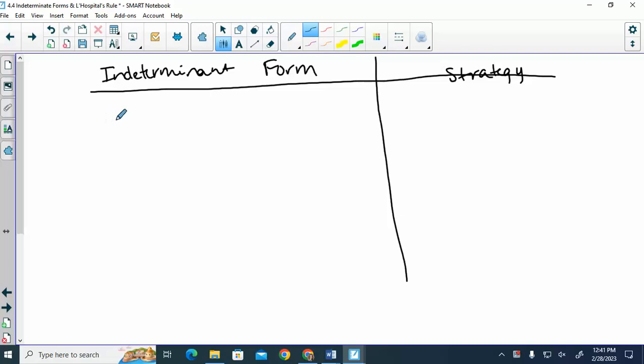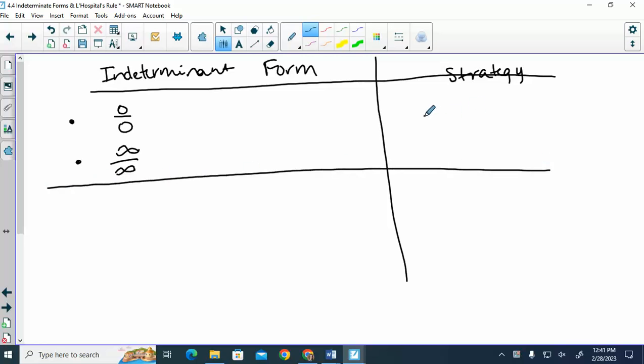So if it's 0 over 0, or infinity over infinity, okay, those are the first two indeterminate forms we had. They have the same strategy. What did you do for both of those? L'Hopital's. Okay.